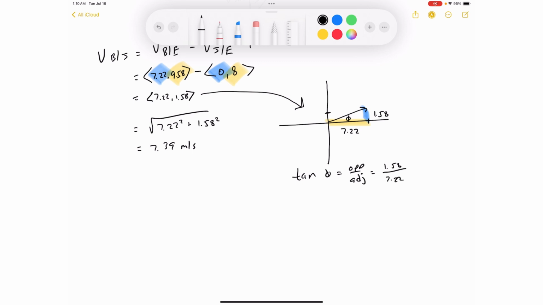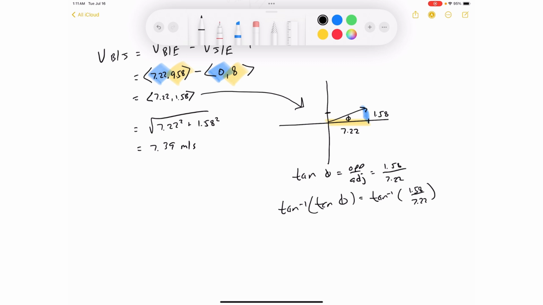Now, the problem with this is I'm actually looking for the angle, phi. So what I want to do is the tangent inverse. I have to do the tangent inverse on both sides because it's an equation. So tangent inverse of tangent of phi equals tangent inverse of 1.58 over 7.22.